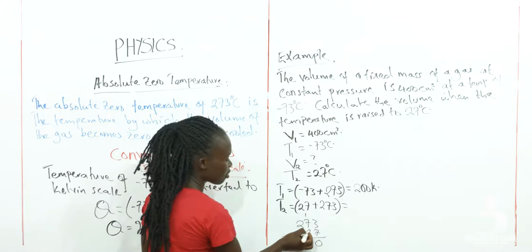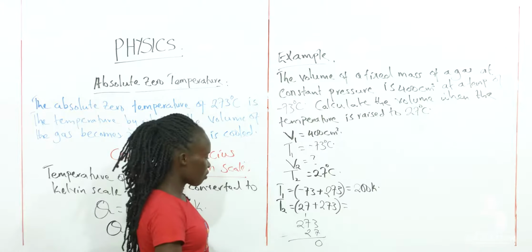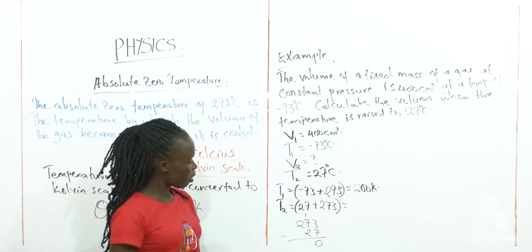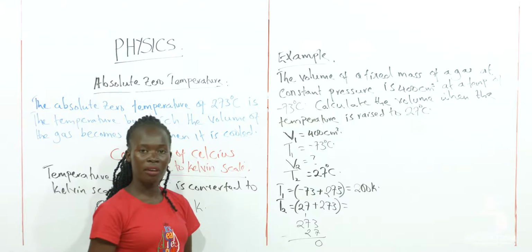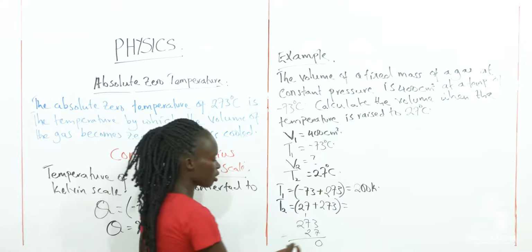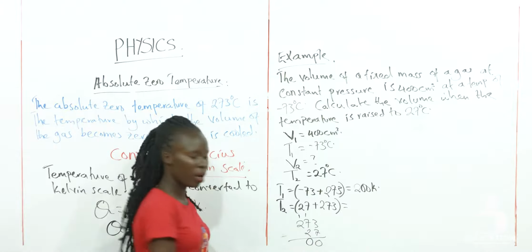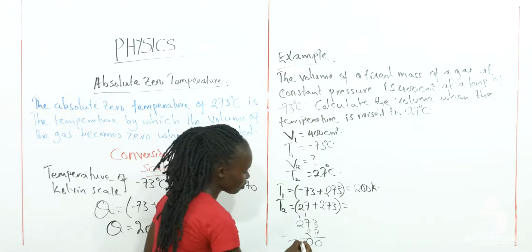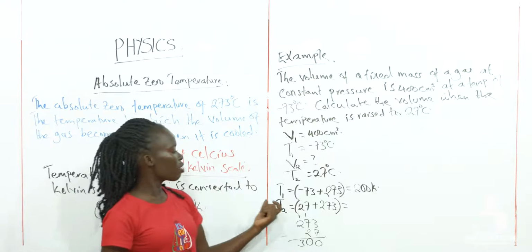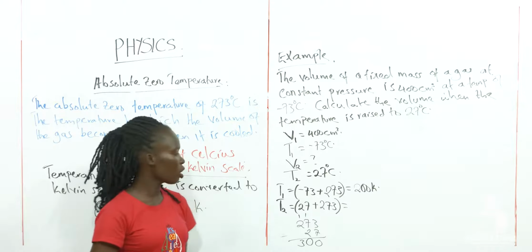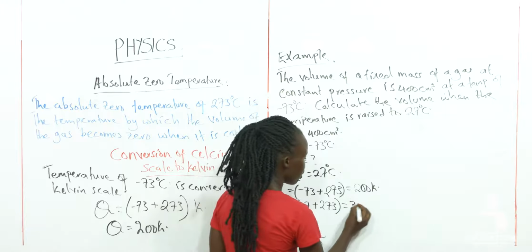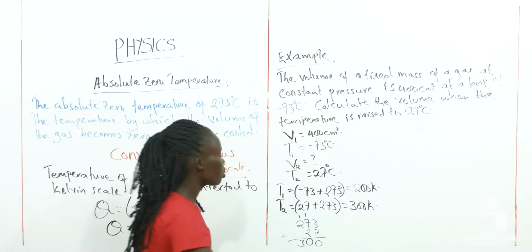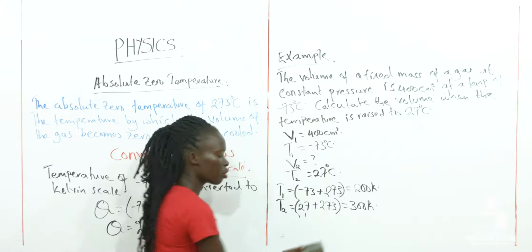We have 7 plus 2, which gives us 9, but then we also have the 1 that has been carried, so we have 10. So we write 0 and carry 1. Then 1 plus 2 gives us 3. Meaning that when we add 27 to 273, we shall have a temperature of 300 Kelvin.